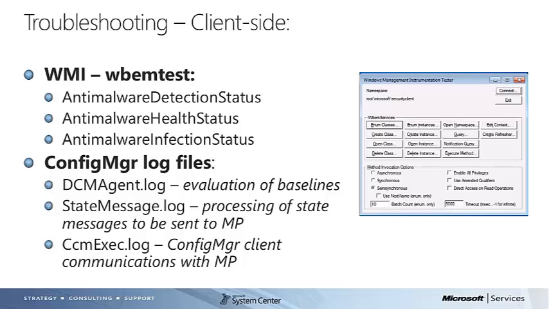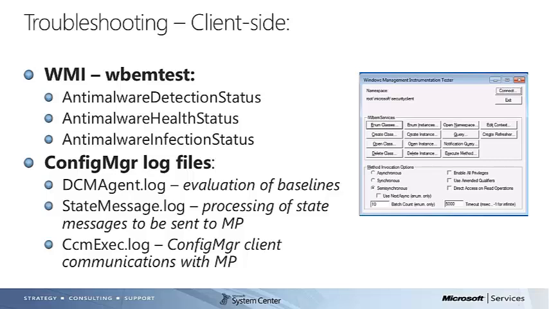When it comes to the logs that you can leverage, you can take a look at the DCM agent log, which shows the evaluation of the baselines, the state message log, which shows the processing of the state messages that are sent to the management point, and then the CCMExec log, which is the actual Config Manager client.